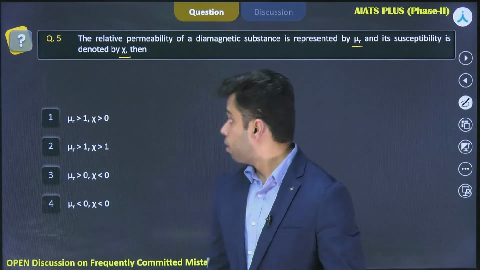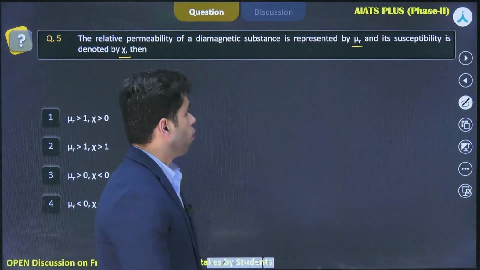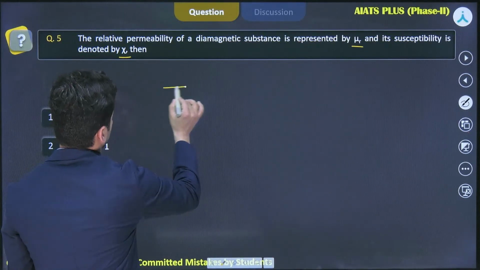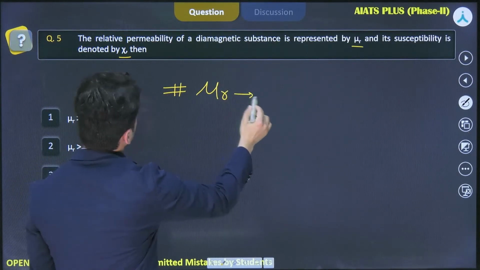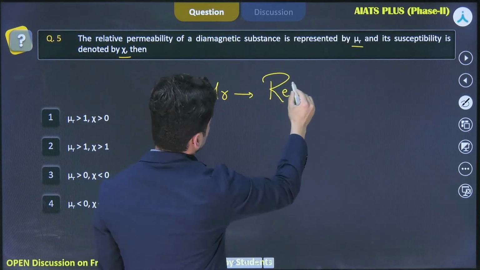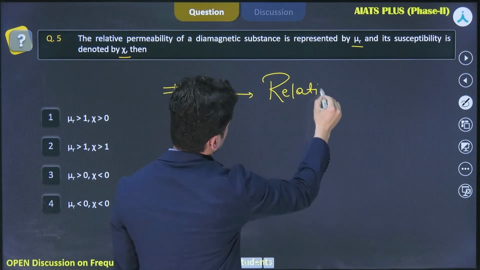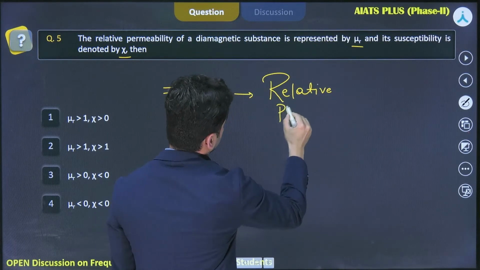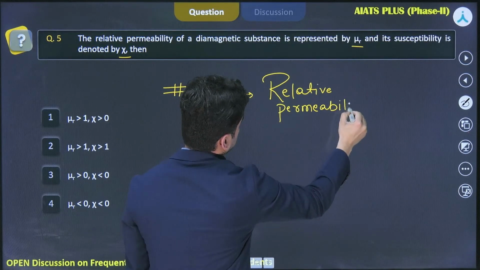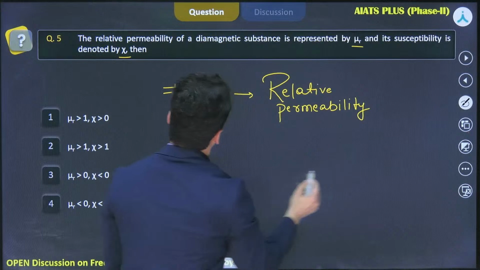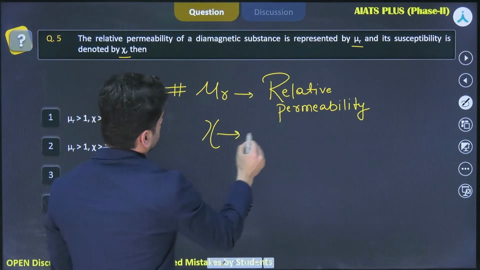Now, dear students, first of all, you should be very thorough with this. So mu r over here is your relative permeability, and zeta is your susceptibility.